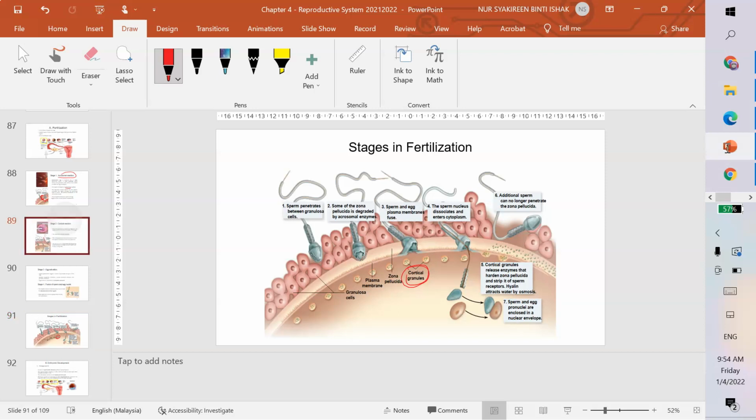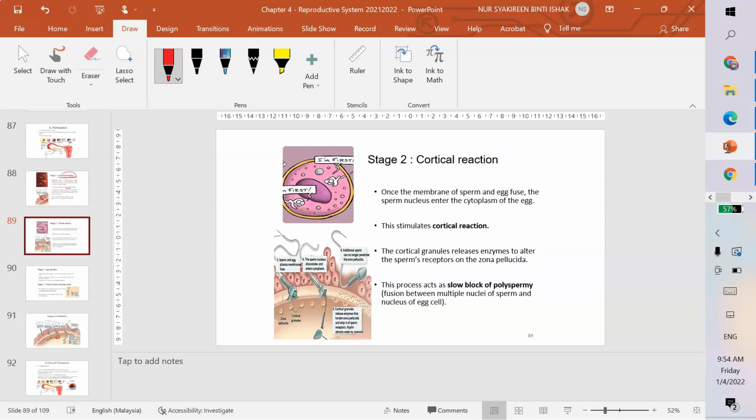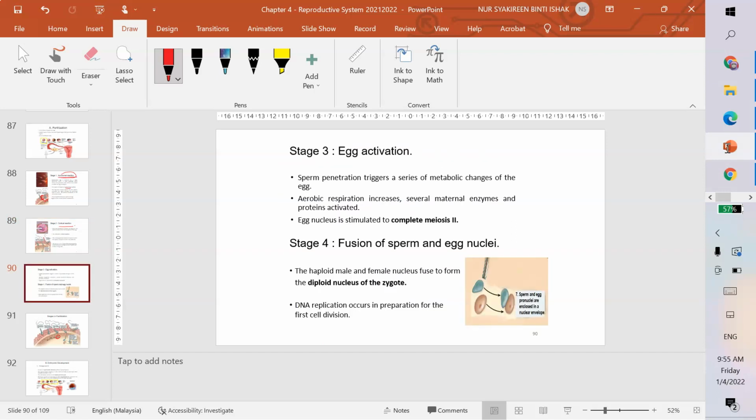Okay, so you have to know what happened in each of these stages. Acrosomal reaction releases enzyme to penetrate the granulosa, kan. And then cortical reaction, what happened? So the cortical granule releases enzyme to harden the zona lucida. Okay, and then you have egg activation, and then you have the fusion of sperm and egg nuclei.